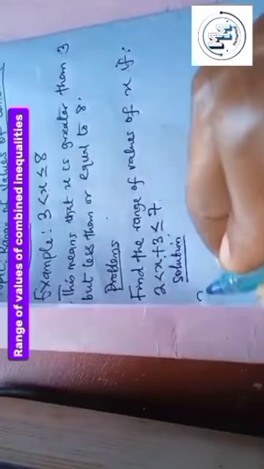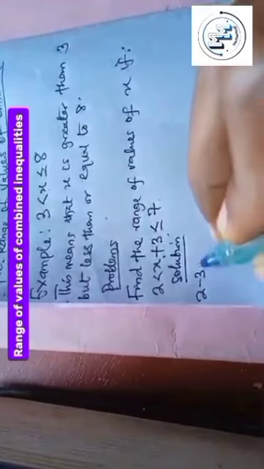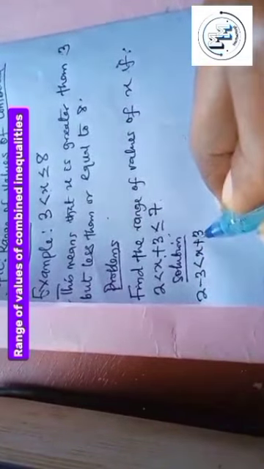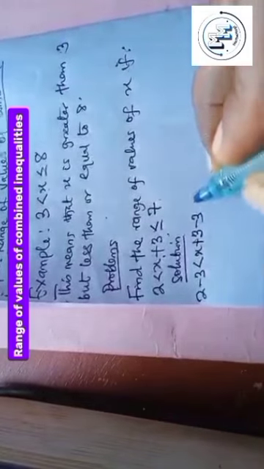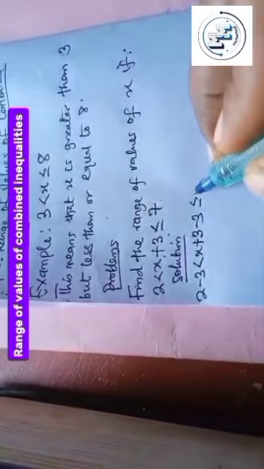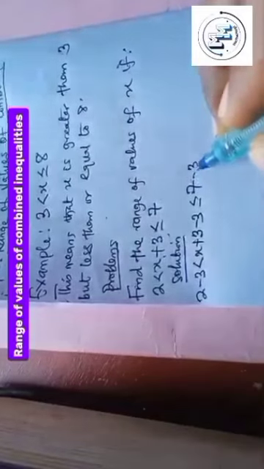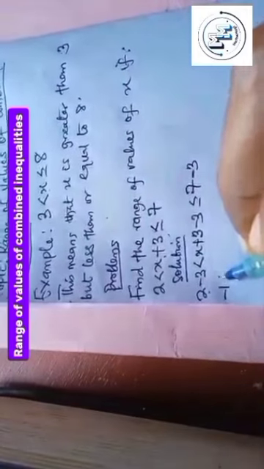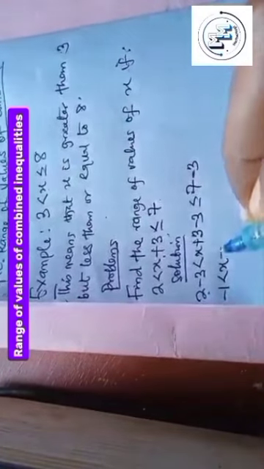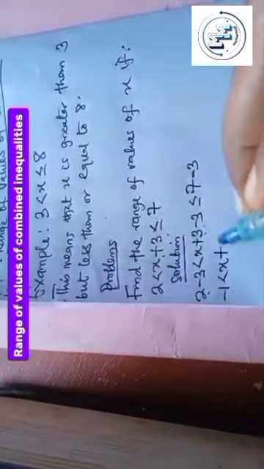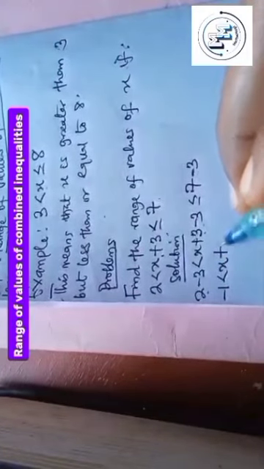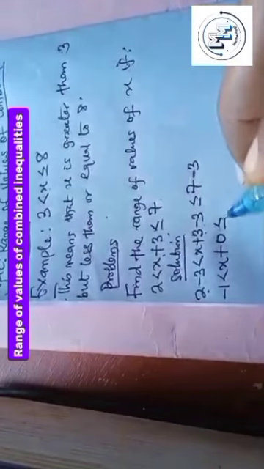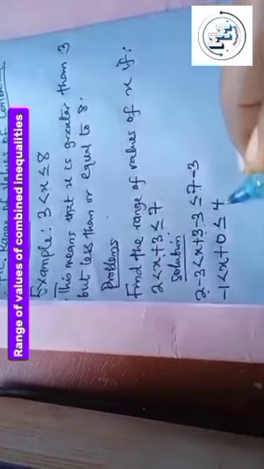I'll simply do 2 minus 3 less than x plus 3 minus 3 less than or equal to 7 minus 3. Now 2 minus 3 is minus 1, less than x plus 3 minus 3 is 0, less than or equal to 7 minus 3 is 4.